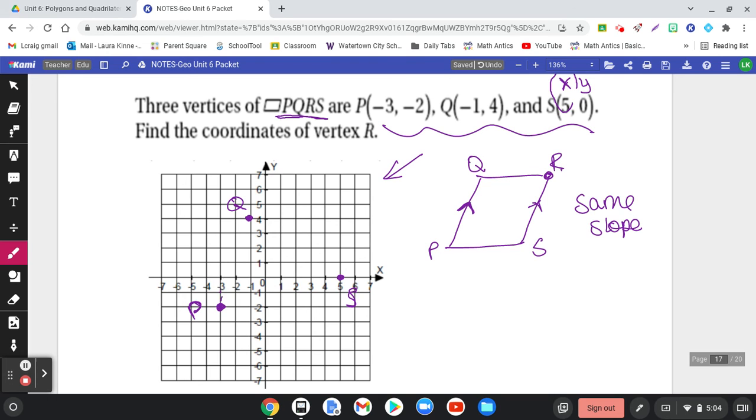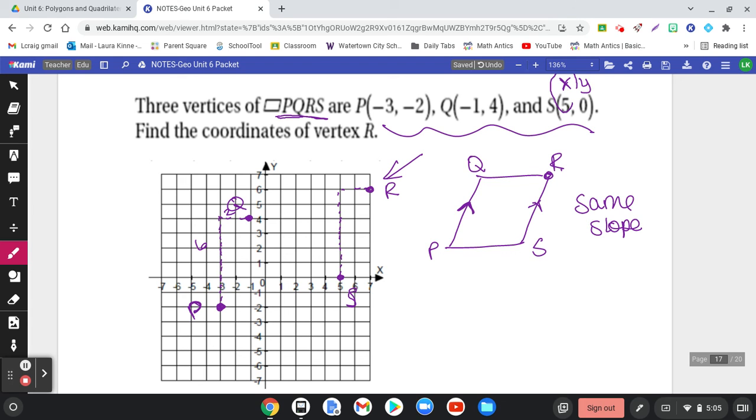So I'm going up 2, 3, 4, 5, 6 over 2. So I'm going to go up 6 over 2 to find R. It should be the same for PS to QR. Here I'm going up 2 over 8, up 2 over 8.